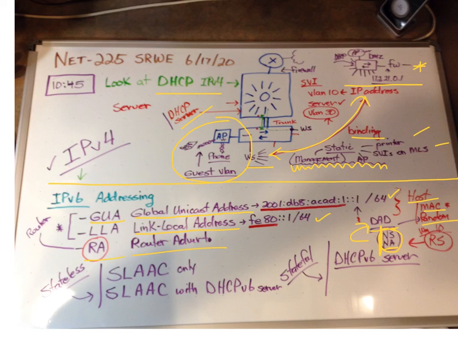So the router advertisement, router solicitation. Down here, we talk about SLAAC only, get an IP, default gateway, SLAAC with DHCP. You can get a local, link local address, and then also you can get DNS and so forth. Stateless, stateful, in which we use a DHCP server.